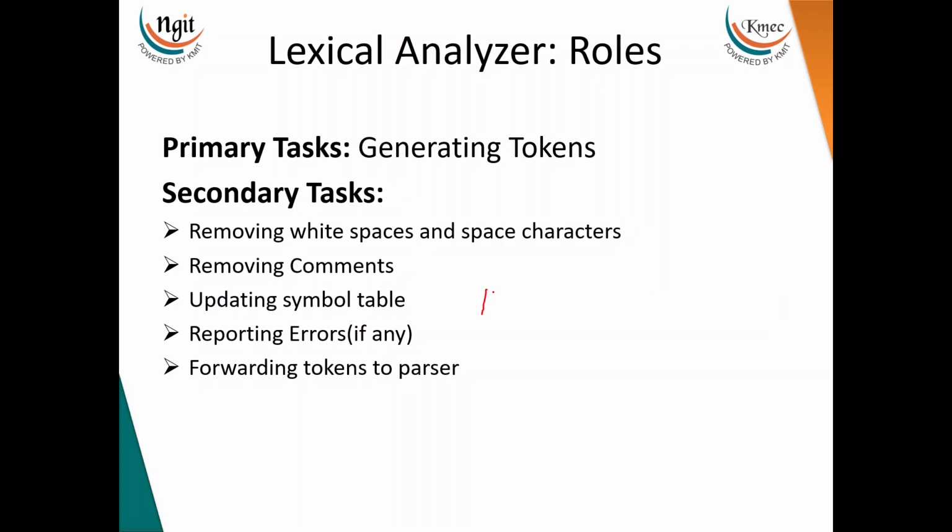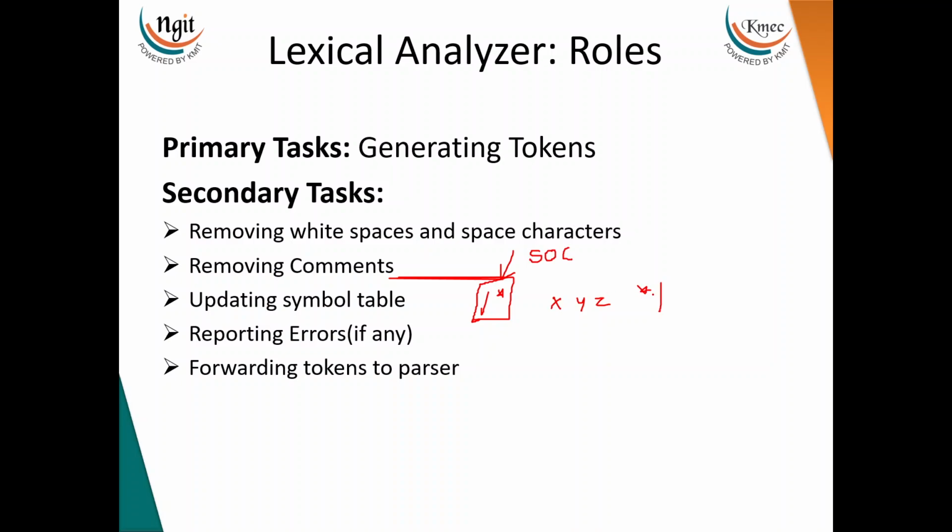Removing white spaces and white space characters, we can simply remove. But what happens if you are writing comments? Assume we have a comment like this, with some X, Y, Z inside. Whenever the slash star is detected, it creates a hidden token marking the start of the comment.